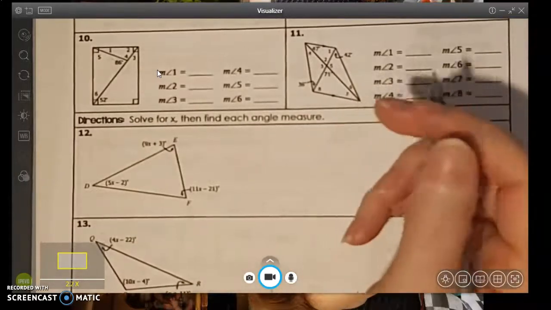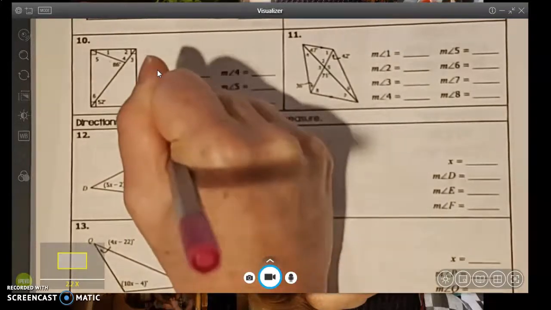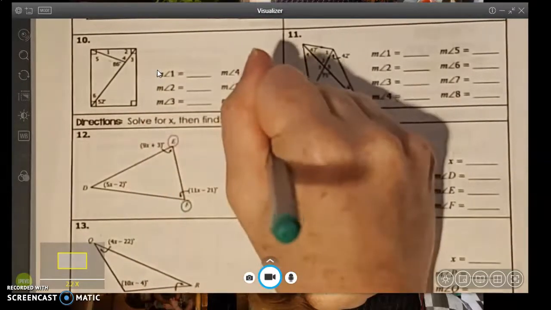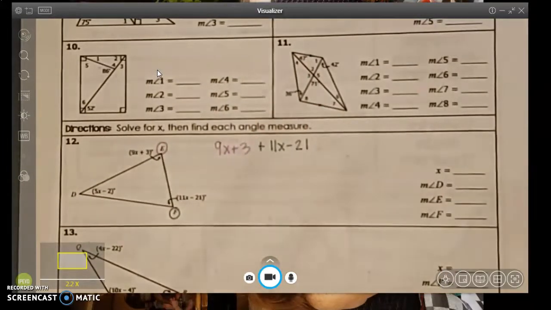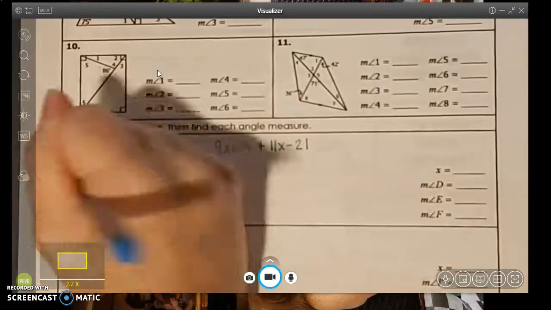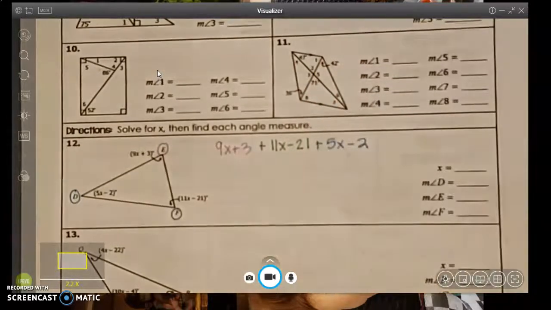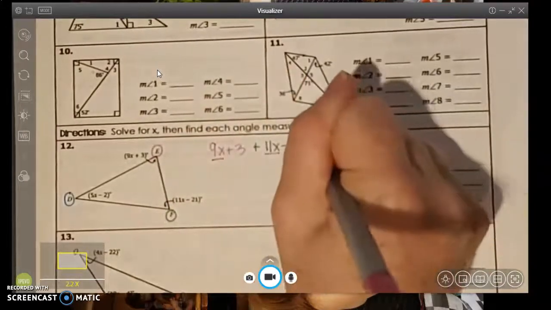So I have 9x plus 3, that's the measure of angle E, plus 11x minus 21, the measure of angle F, plus 5x minus 2, the measure of angle D. Okay, so I'll combine my like terms. 9 plus 11 plus 5x will give me 25x.